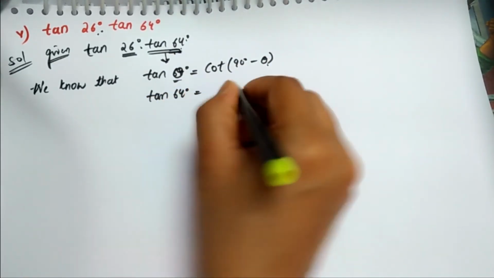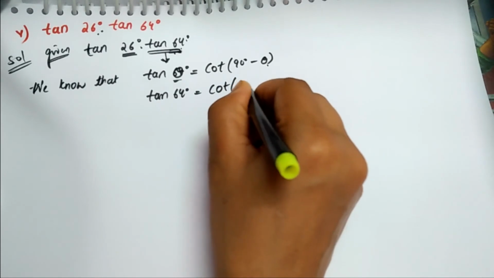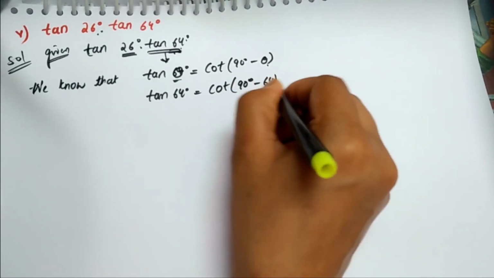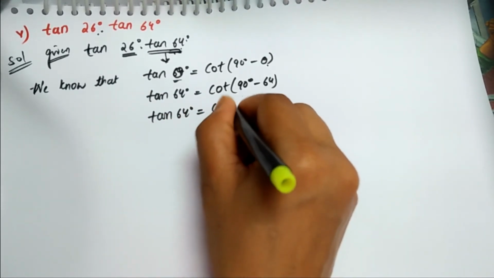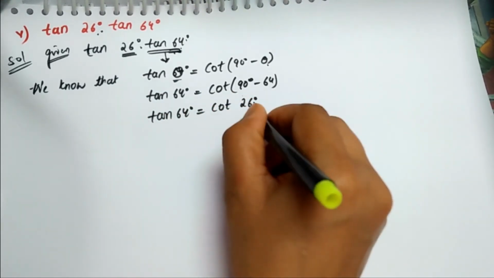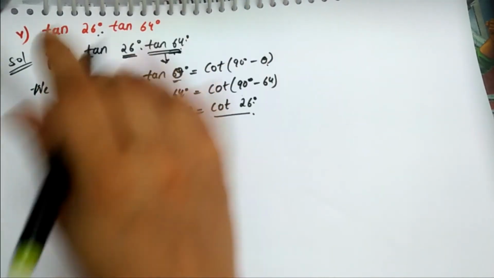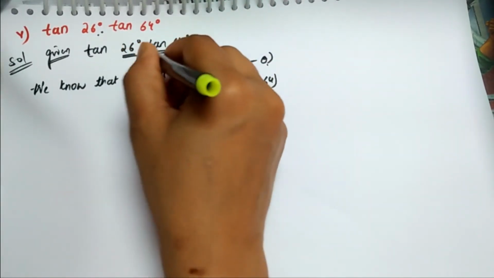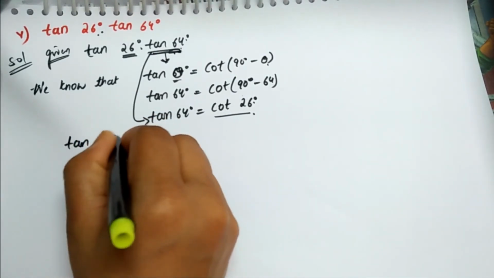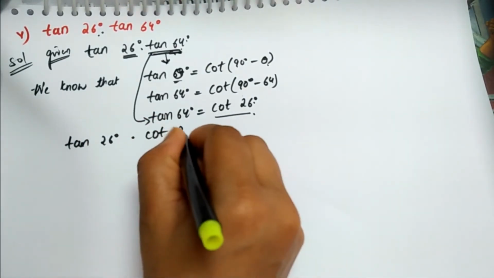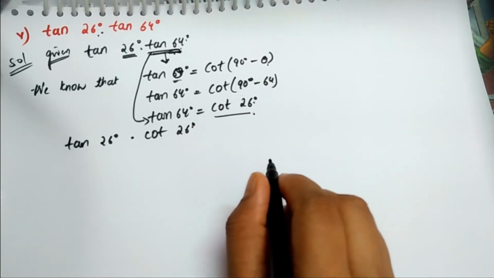Tan 64 degrees is nothing but cot of 90 degrees minus 64, so tan 64 degrees is nothing but cot 26 degrees. So we are converting it here, putting this value here: tan 26 degrees into cot 26 degrees, right?